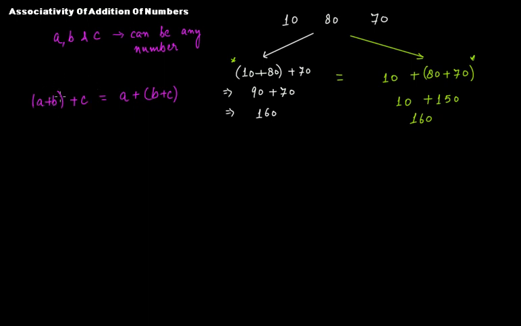In this case, first add b and c, and whatever result you get, add a to it. So that's the basic difference in these two ways of solving it. But this will be a method or rule for the associativity of addition of numbers.